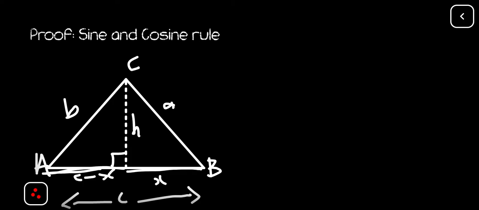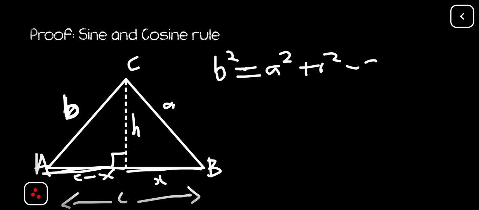So basically, for this triangle, we are going to be using this cosine rule of b squared is equal to a squared plus c squared minus 2ac cos B. So the cosine rule can be in different forms depending on the part you're looking for.